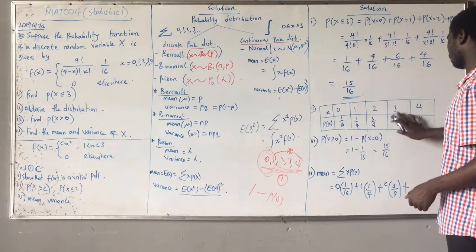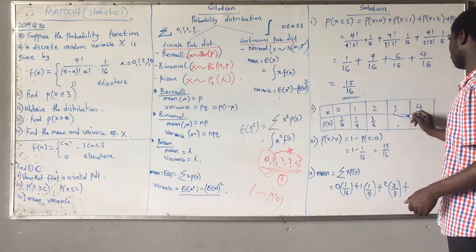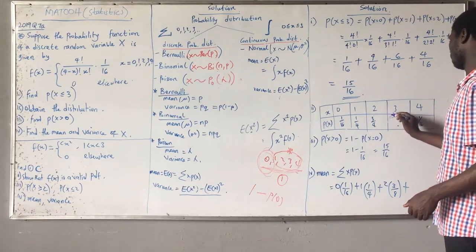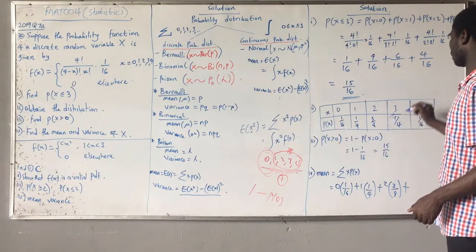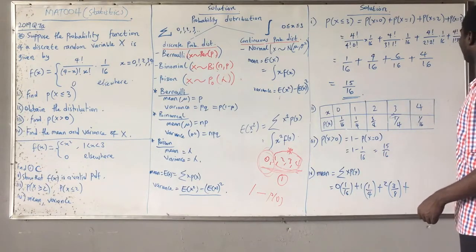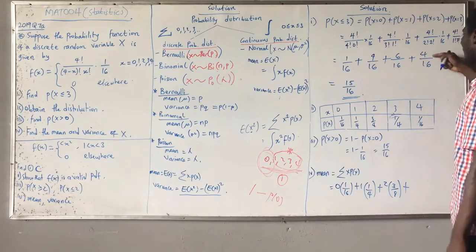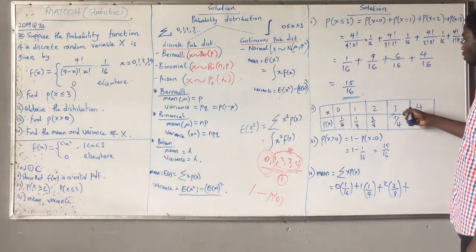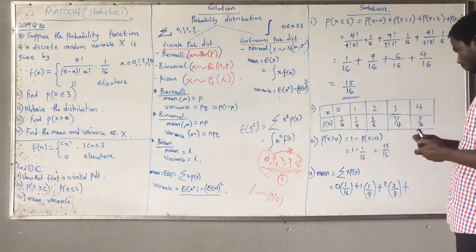This is 1 over 4. When x is 3, it is 4 over 16, which is 1 over 4.